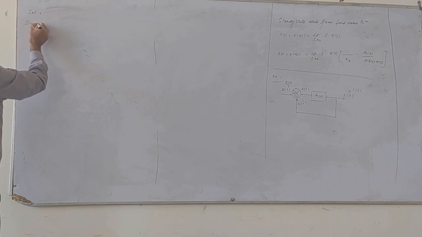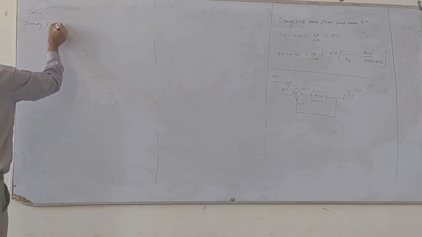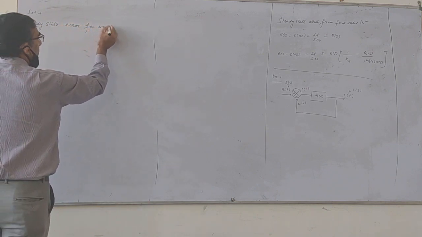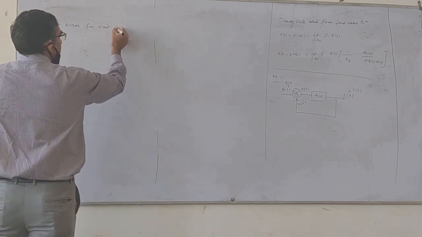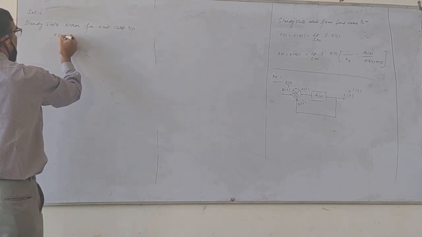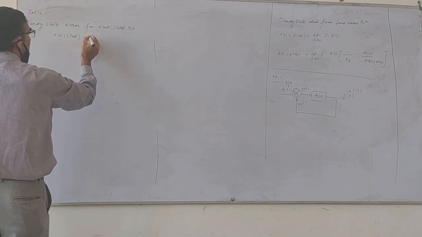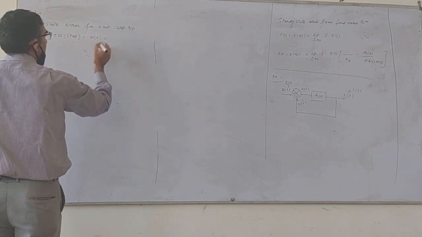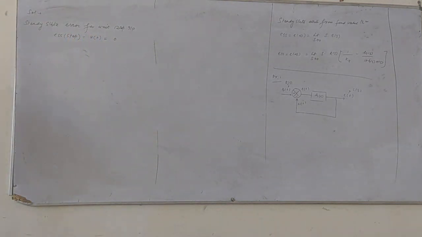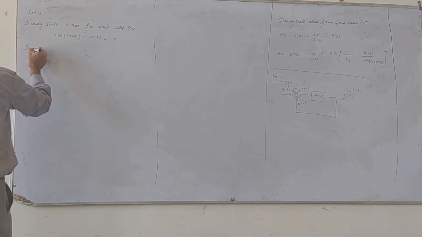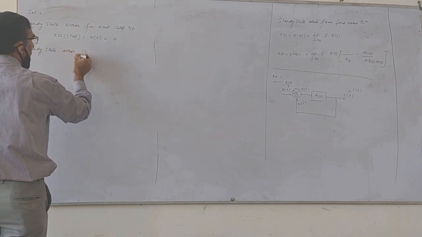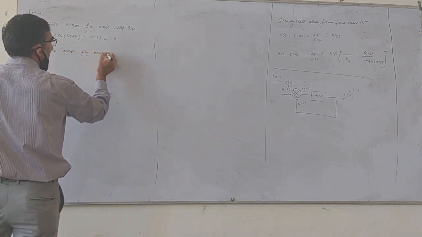Steady state error for unit step input. So ESS for step, which is u of t, has been given as 0. Second, he has also given steady state error for unit ramp.